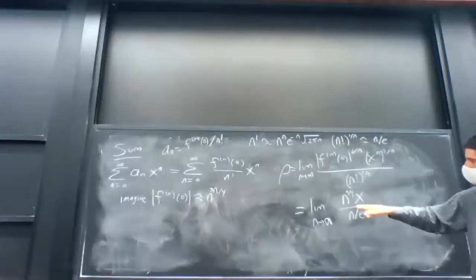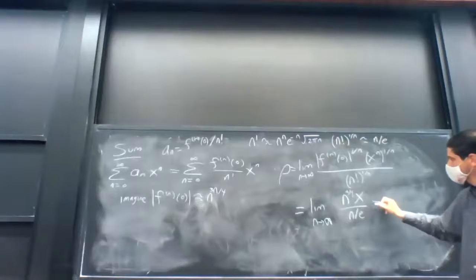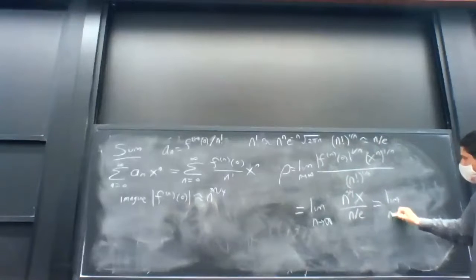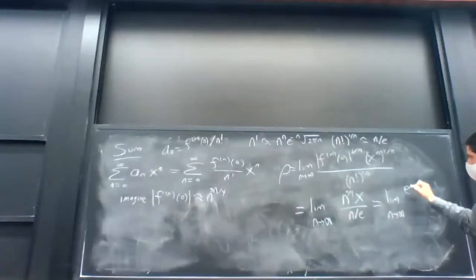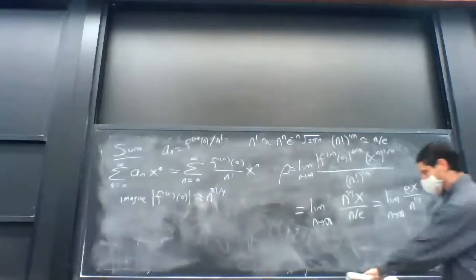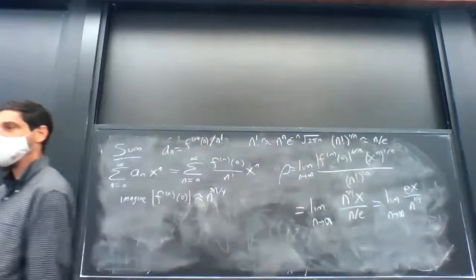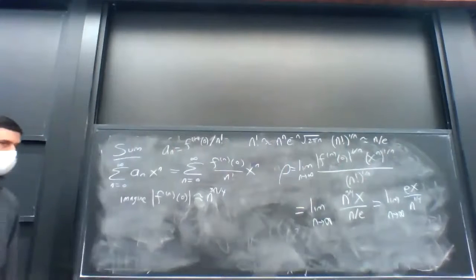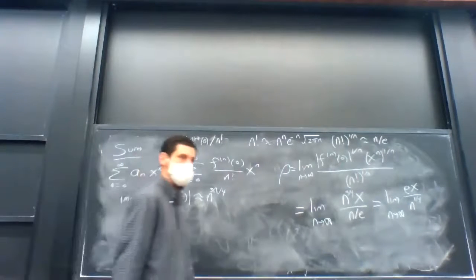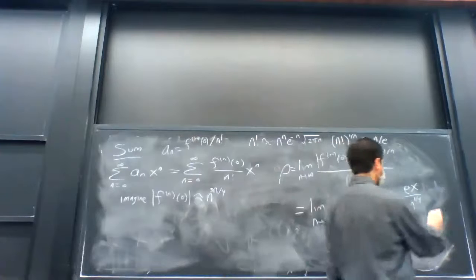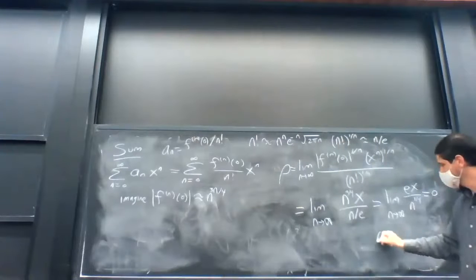Well, we have n to the 3/4, we have an n down here. This is the same as the limit as n tends to infinity of ex divided by n to the 1/4. What does that limit equal? It's 0. So where does this converge?